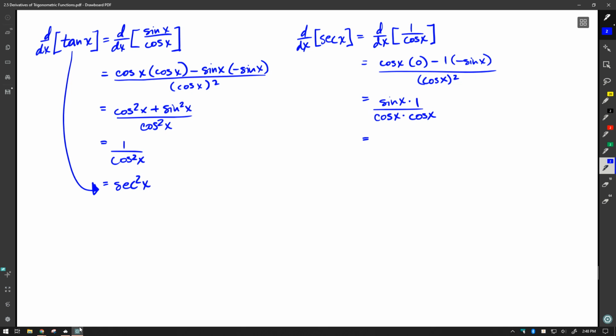And so now I can set up two trigonometric functions multiplied by each other, so that I can have 1 over the cosine of x, which we know is secant of x, and then sine of x over cosine of x, which we know to be tangent of x. So this derivative is secant of x times the tangent of x. And so now we have the derivative of secant as well.